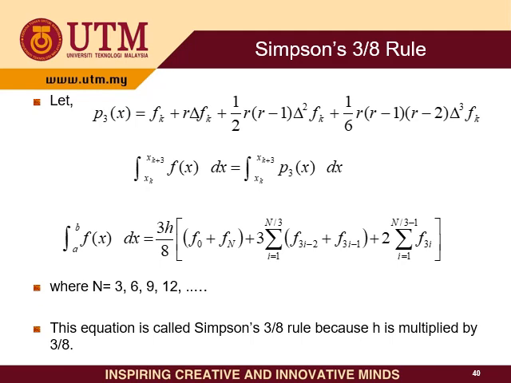This one is Simpson 3/8 rule. Okay, if you remember, we still use the polynomial, right? This is from the trapezoidal. Okay, and in the 1/3, we add this point, with this degree 2.